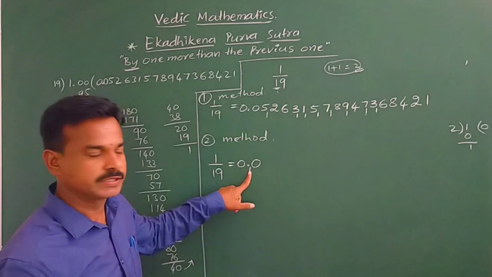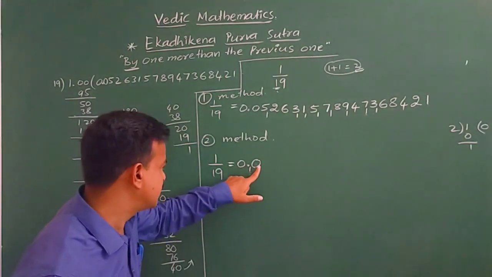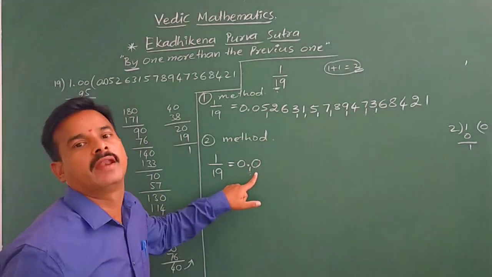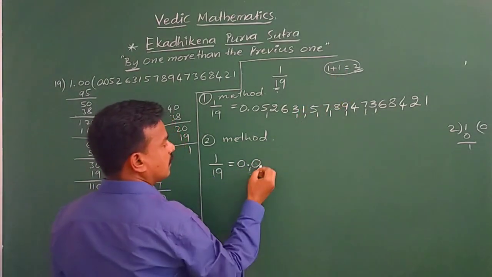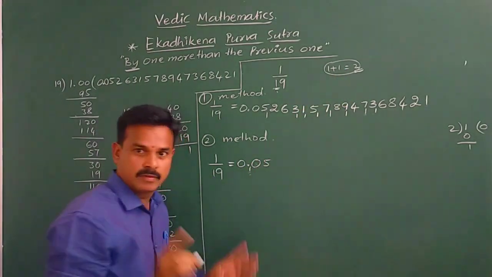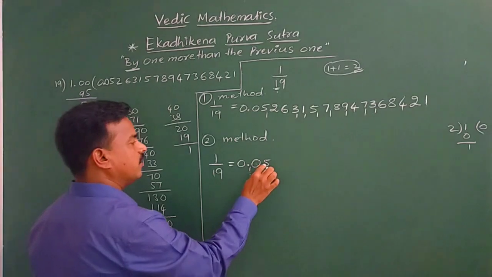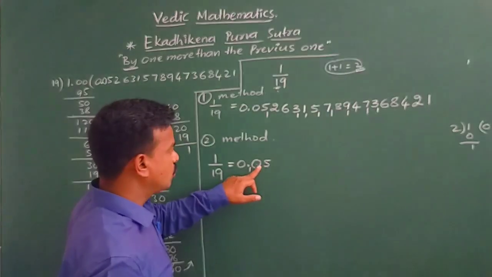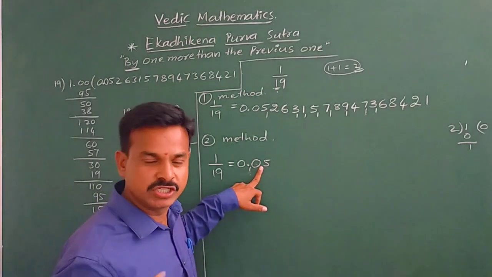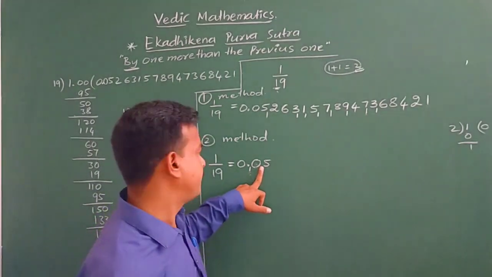Okay, this is important. And now you consider this number is 10, and you divide this 10 by 2. Then the quotient will become 5. So 5 you write here. Okay, there is no remainder, so we need not write any prefix here.